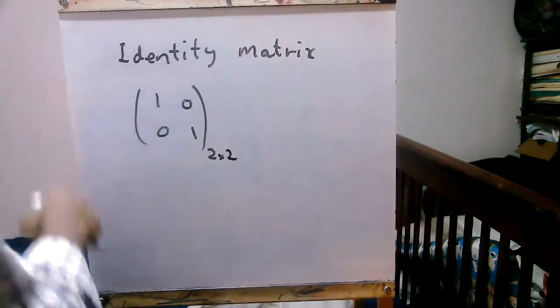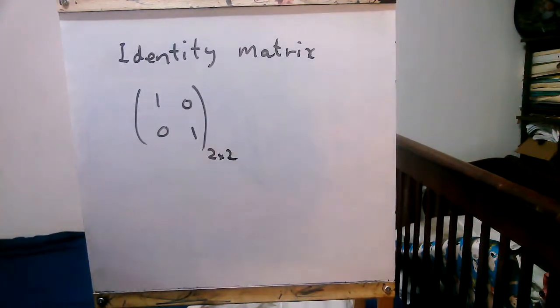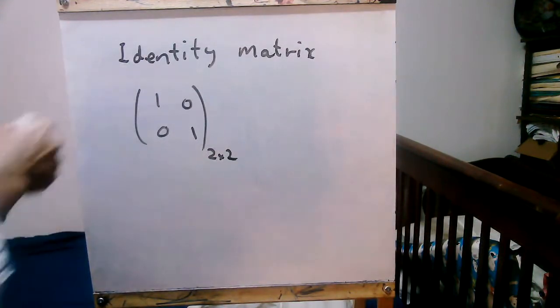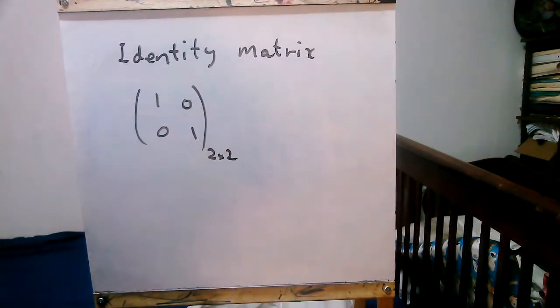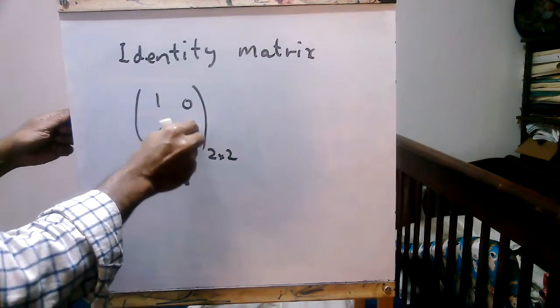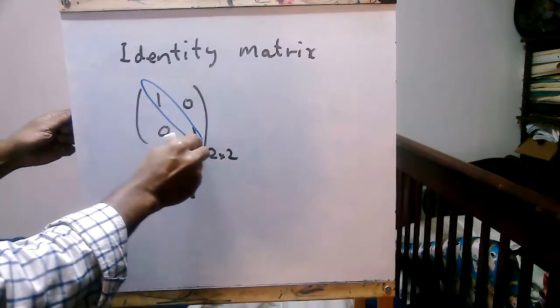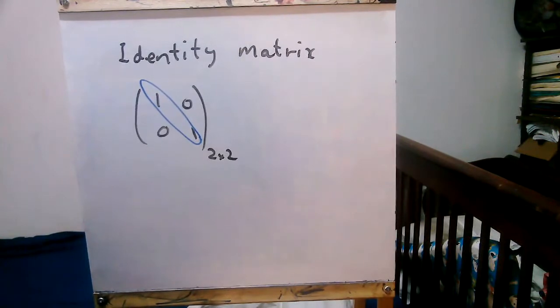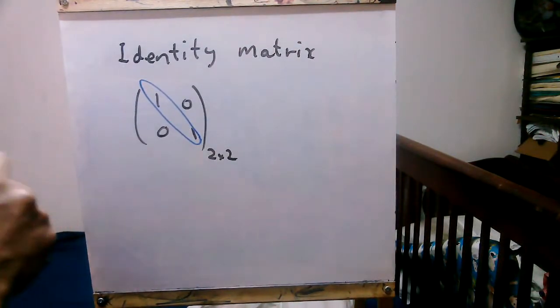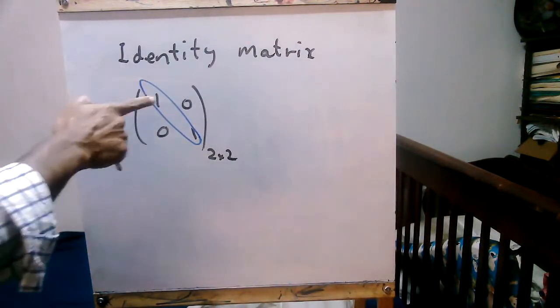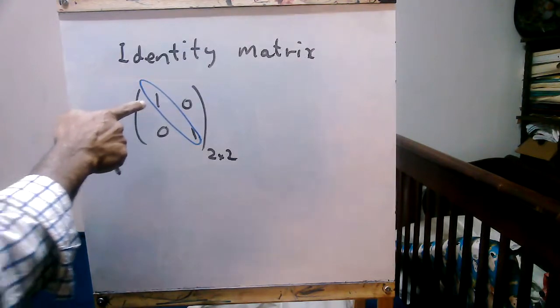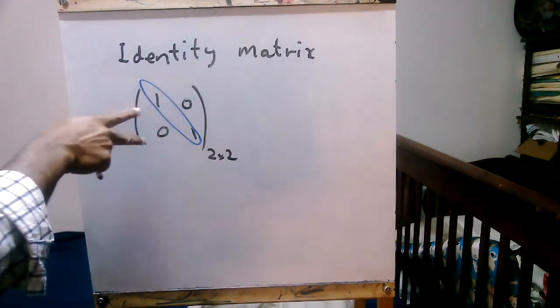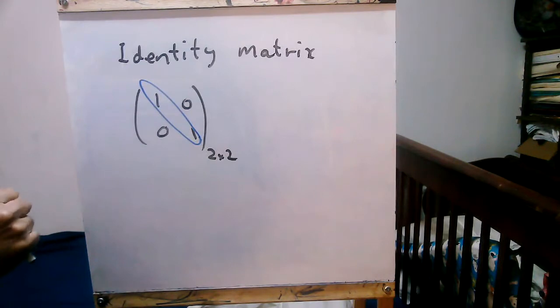Again, when we talk about identity matrix, I said the diagonal. Diagonal is this. This is the diagonal. To get a diagonal, you should realize that it has to be a square matrix. Number of rows should be equal to number of columns.